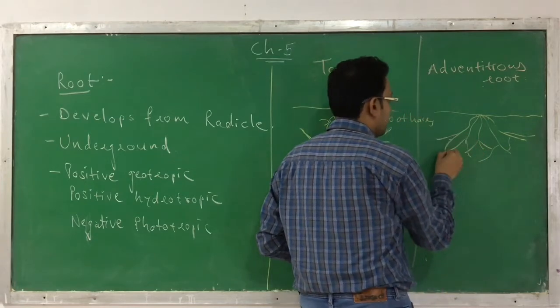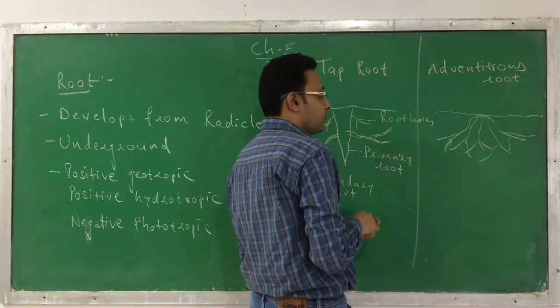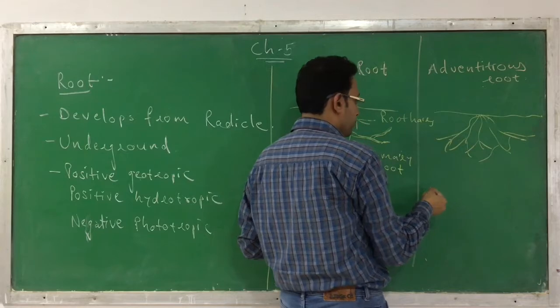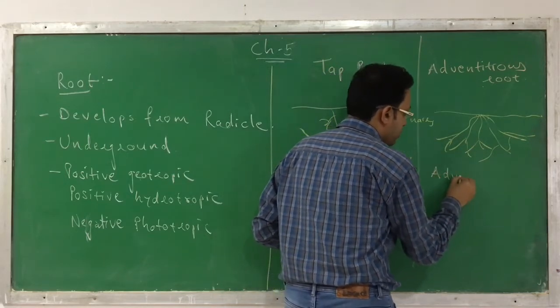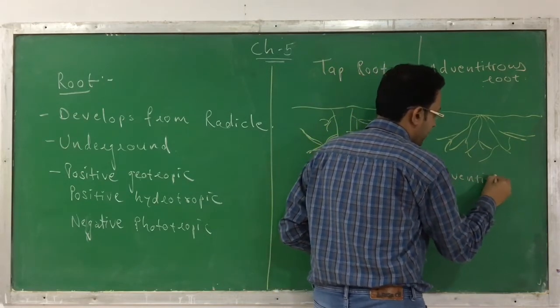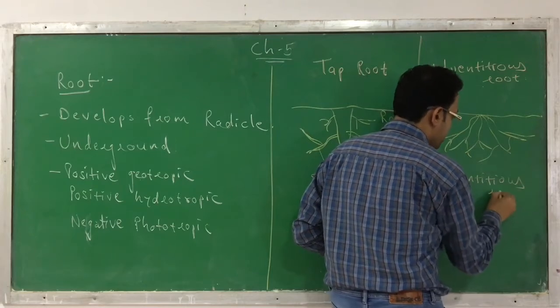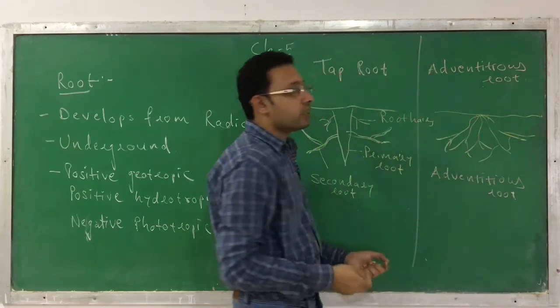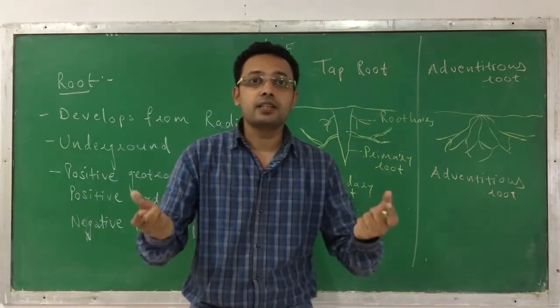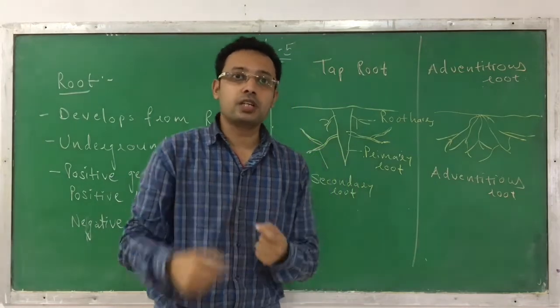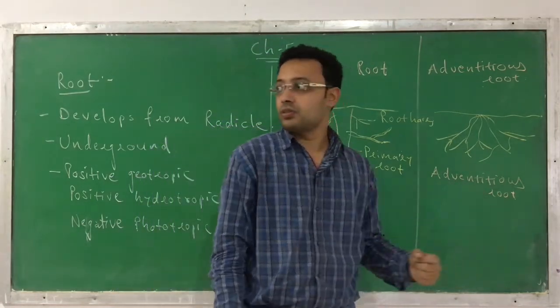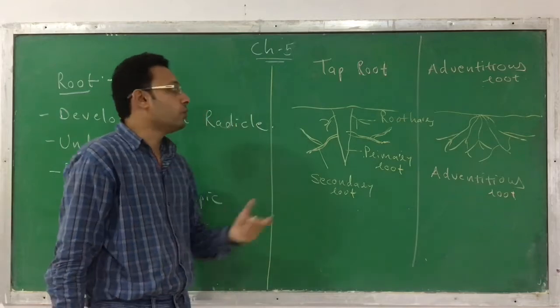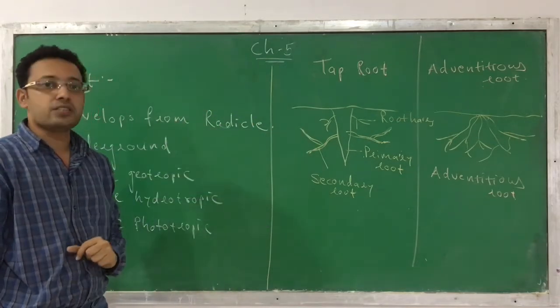This type of root is called an adventitious root. What kind of root is it called? Adventitious root. Here the primary root is replaced by other roots, and this is called an adventitious root. So this is the characteristic that you will observe in a taproot and an adventitious root.